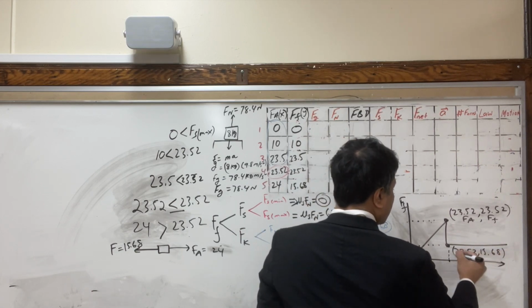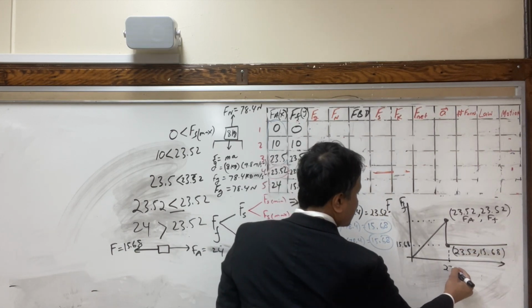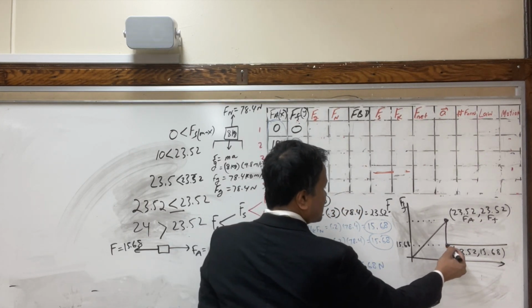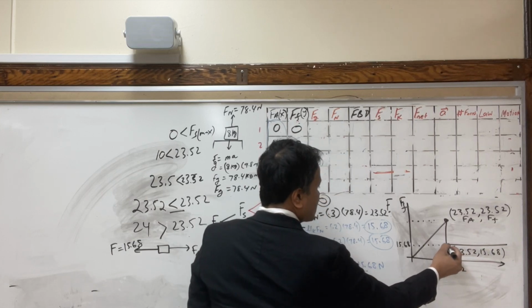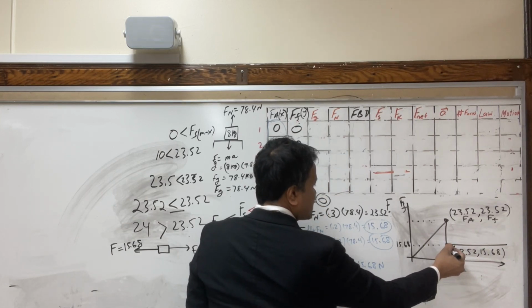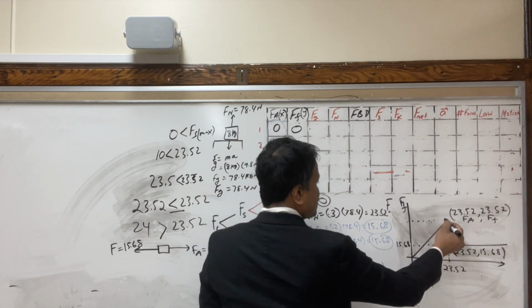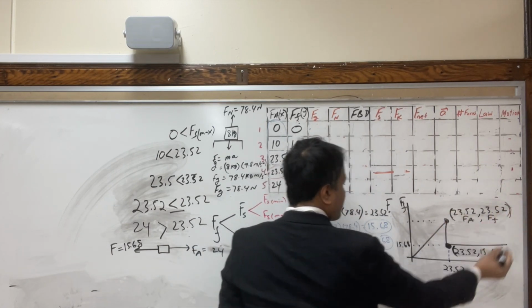So this point is made up of these two values, and this point is made up of these two values.